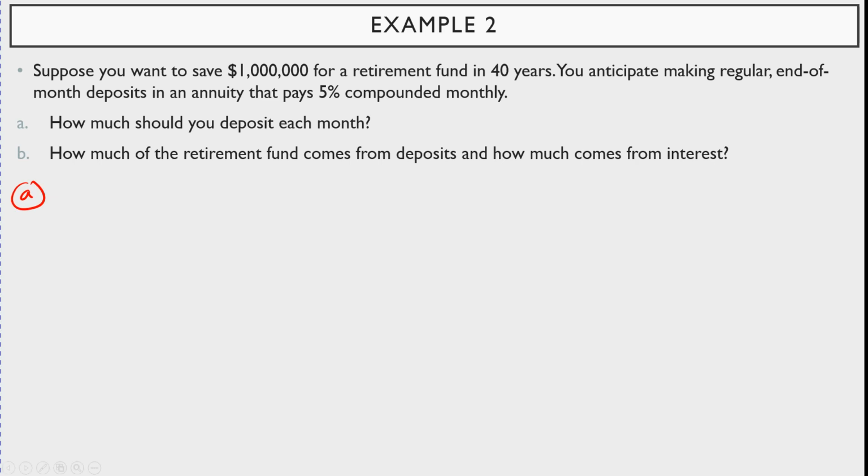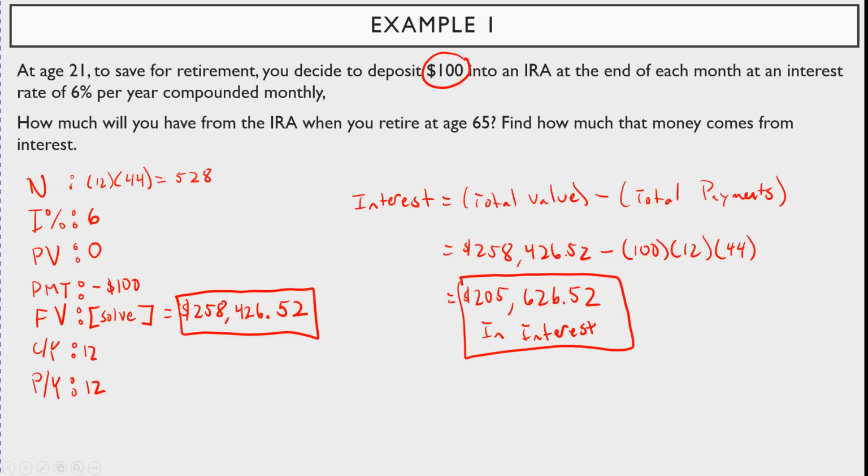We're going to use our calculator. So you're going to need to figure out what these are: N, I%, PV, PMT, future value, compounds per year, payments per year.